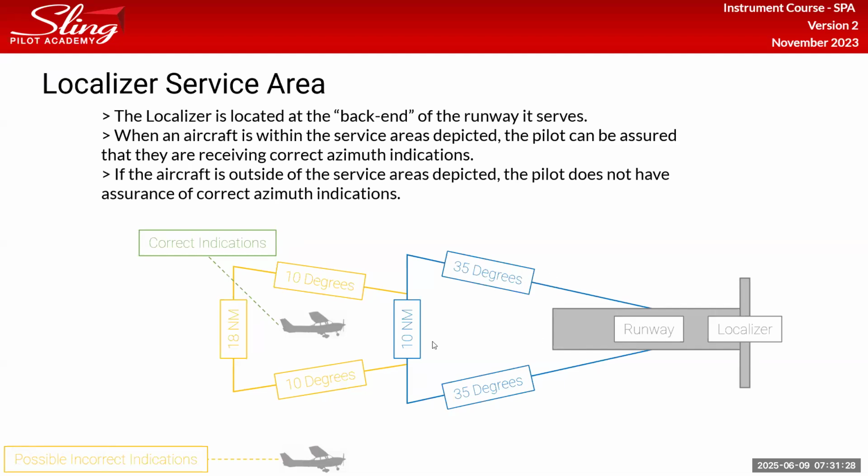So 35 degrees, 10 nautical miles; 10 degrees, 18 nautical miles. If you're in either of those service areas and you drift outside of it, would you just see a full deflection of the needle with the localizer, or would it start to read incorrectly? It would probably fully deflect, or maybe even, I don't think it'll necessarily say you're on the opposite side, but I think it'll just kind of be moving around.